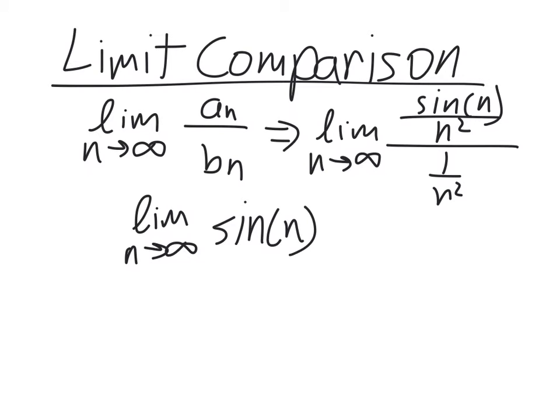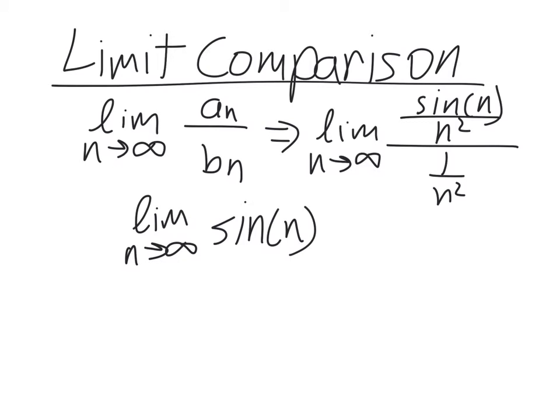Well, sine of n just kind of bounces between -1 and 1, so we really can't do a whole lot. There's a restriction on using the limit comparison, which would not allow us to use this in this particular case.